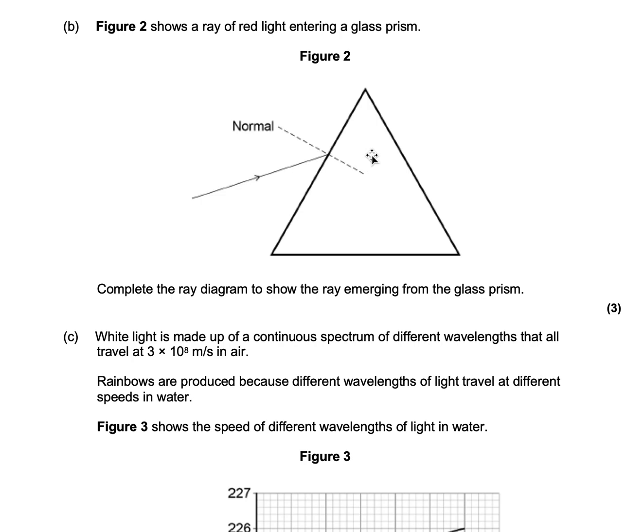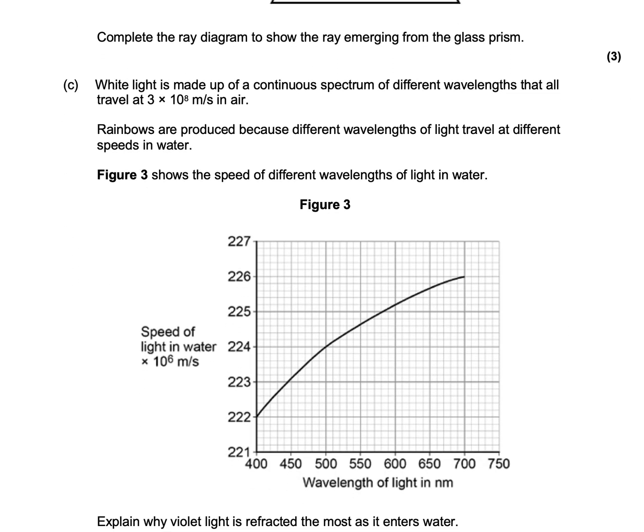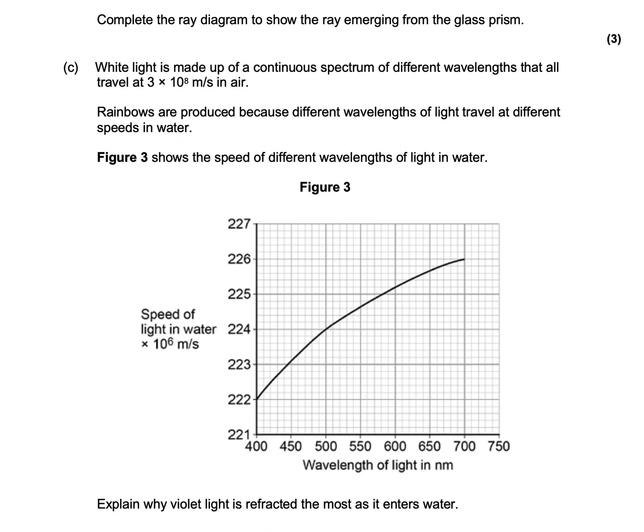This time your ray has to bend away from the normal. Again you'll have quite a small angle, and this one is going to bend away from the normal after it's emerged. And you can look at diagrams of that on the internet to double check what it looks like.